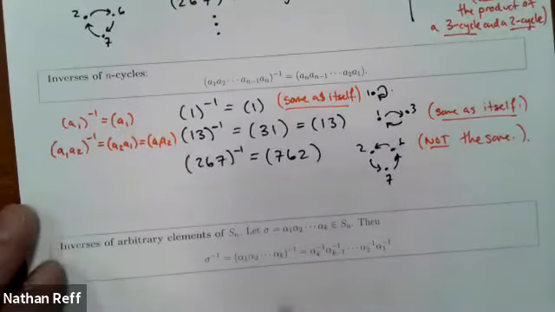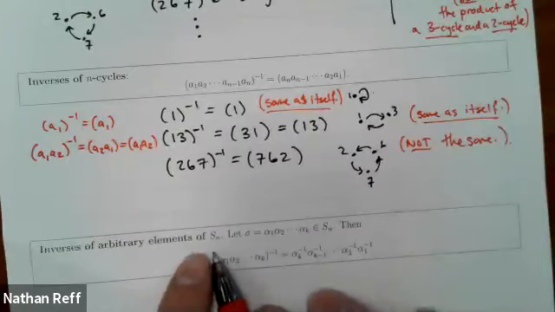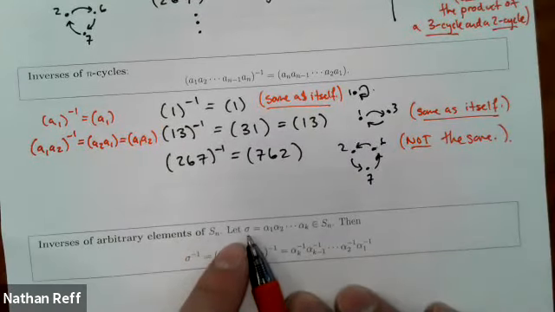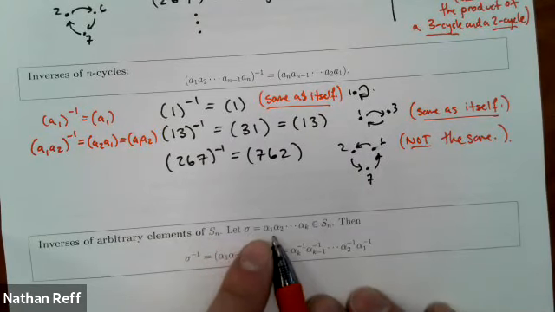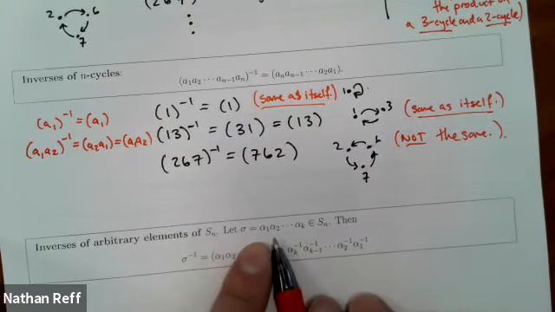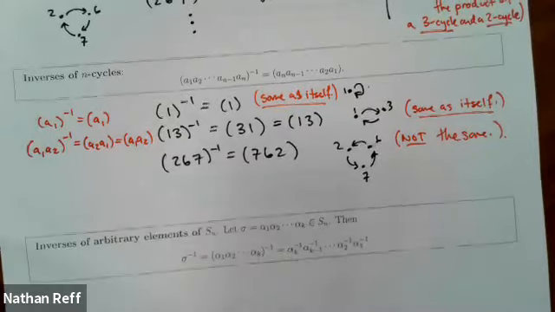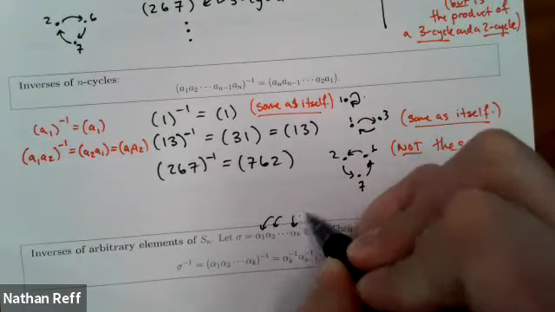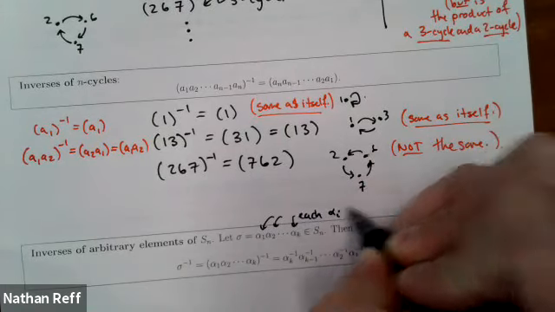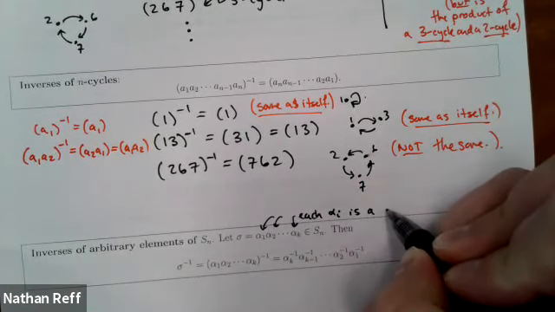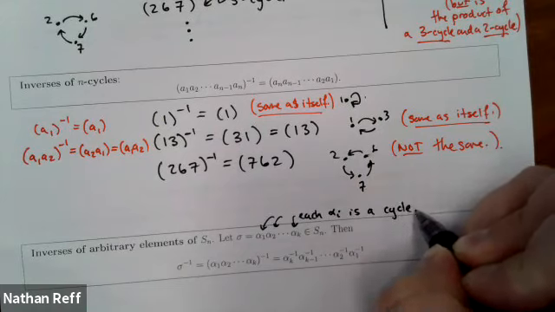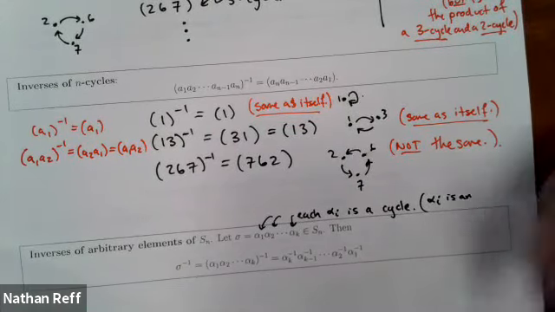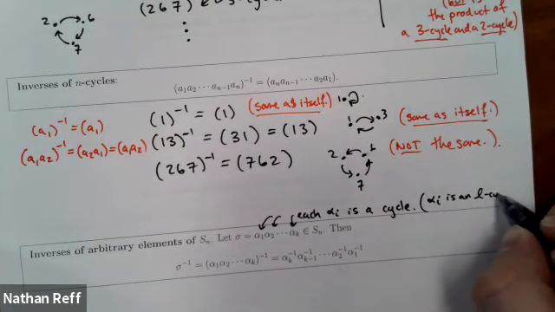Okay, so inverses of arbitrary elements. If you're in S_n, I'll denote an element of S_n with sigma, and you can always write an element as a product of cycles. Each alpha_i is a cycle, let's call it an L-cycle.